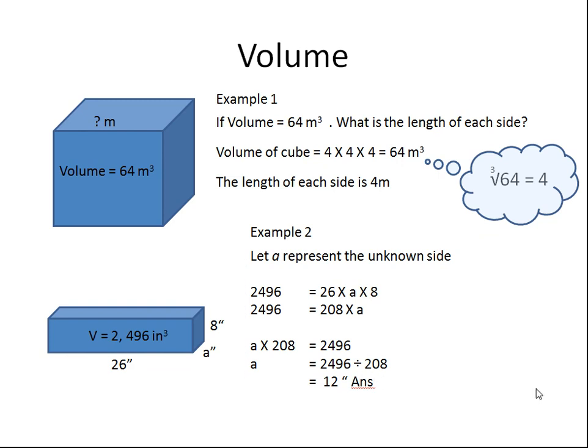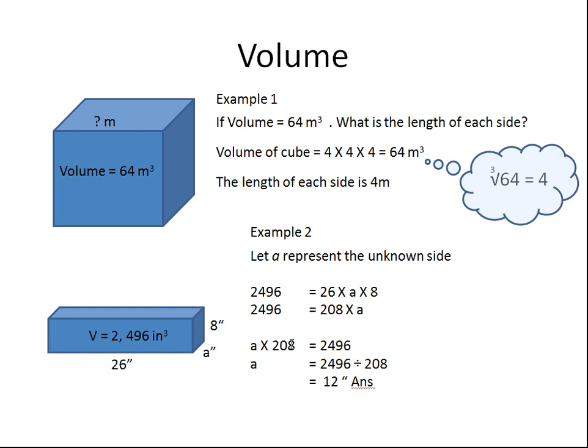Some of you might have been taught in school that in order to find A, I bring 208 over to the other side of the equation, the right-hand side. And when I bring multiplication over to the right-hand side, I have to change the multiplication to division.